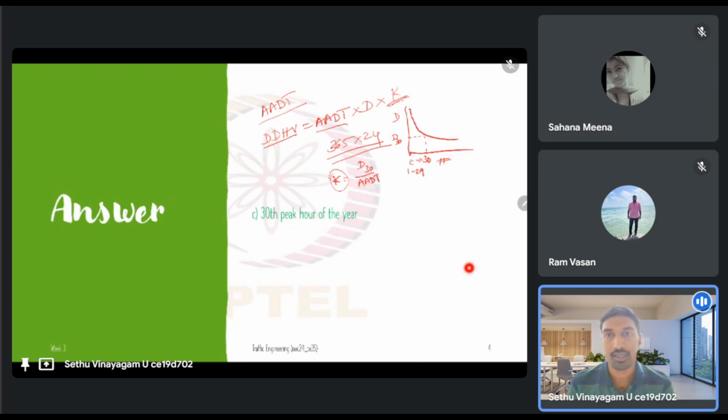So why do we take that? Why not just design for the maximum demand that we observed in the year? Because financially it is not viable. Why? Let us call this D max. D max is observed only in 1 hour of the entire year, right? So it's very rare that we will be seeing D max throughout the year.